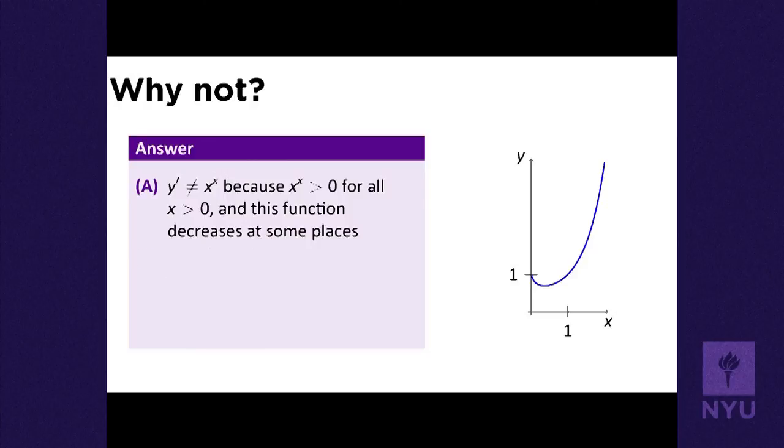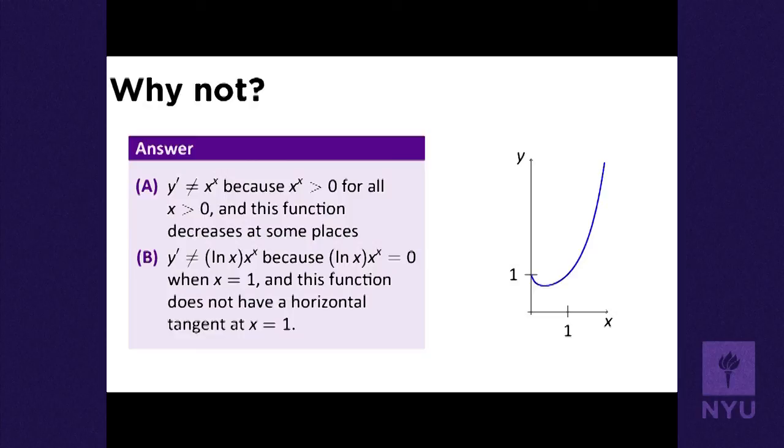Second guess, natural log of x times x to the x. Well, if you take this supposed derivative and plug in x equals 1, you'll get 1 to the 1, which is 1, times the natural log of 1, which is 0. And that would predict a horizontal tangent to the graph of the function at the point (1, 1).